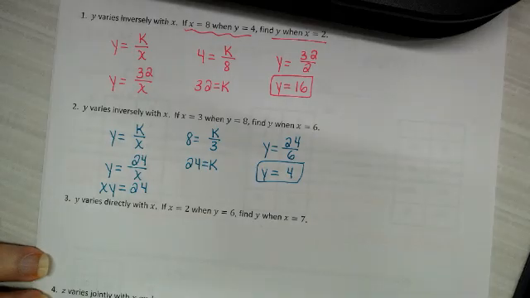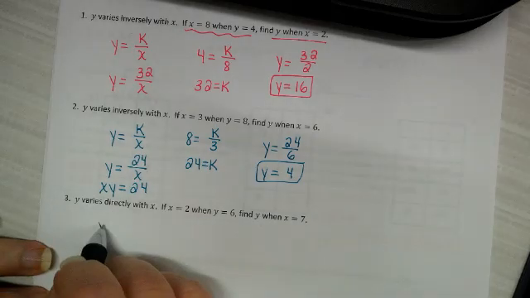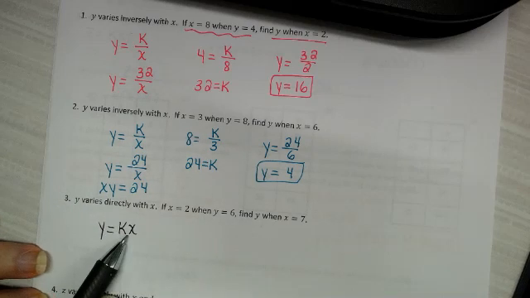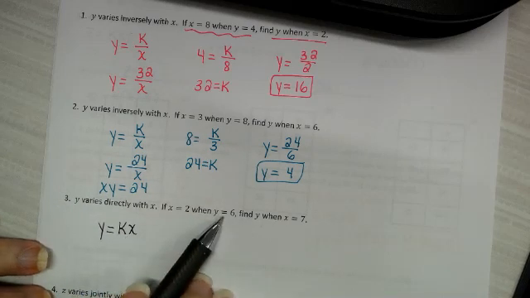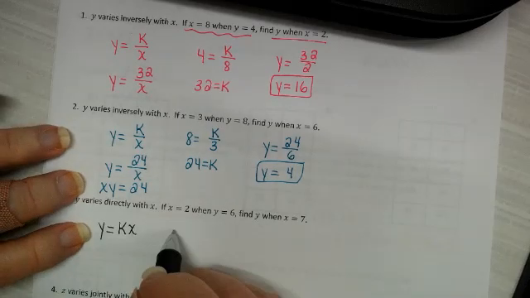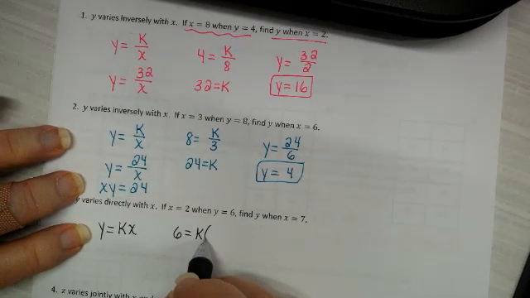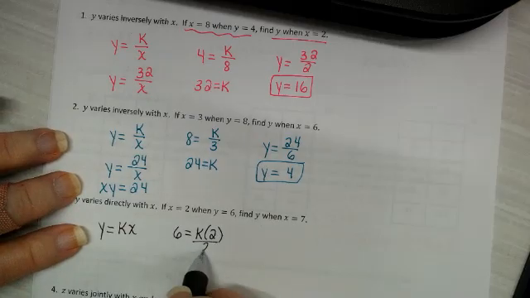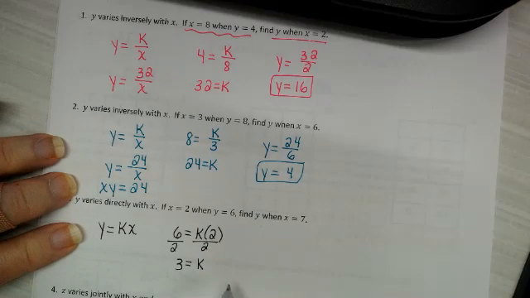For direct variation, where we said y equals k times x, we solve for our k value and then we'll plug it back in for the second half. So 6 equals k times 2. So to solve for k, we're going to divide both sides by 2, and k equals 3.